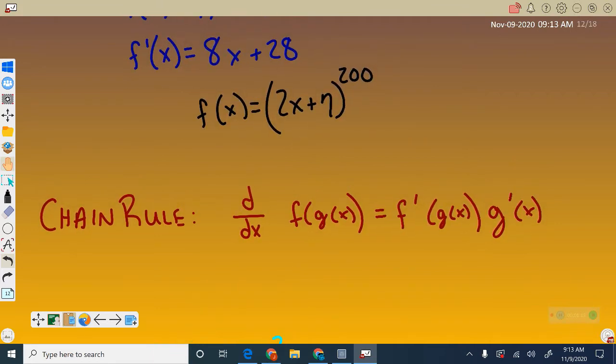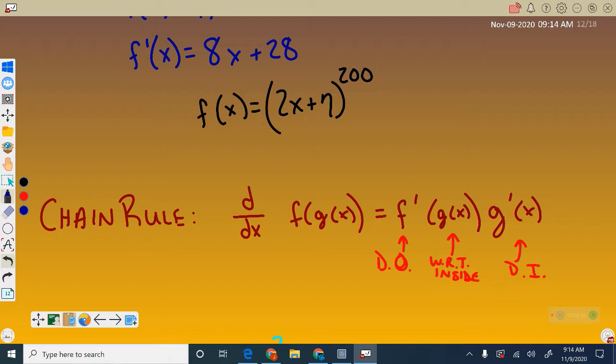So the way we look at this is you have a composite function, an outside function and an inside function. We need to then be able to take the derivative of it. The way we read this is it's the derivative of the outside, with respect to the inside, and then we'll multiply the whole thing by the derivative of the inside.